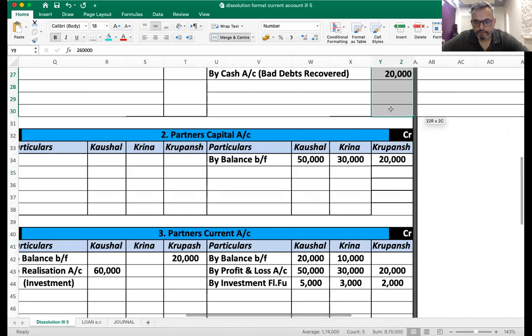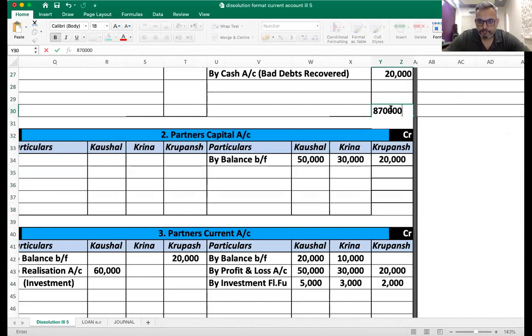So total comes to 8 lakh 70,000 on the credit side. Same total on the debit side. So credit side is more than debit side, so it is a profit.